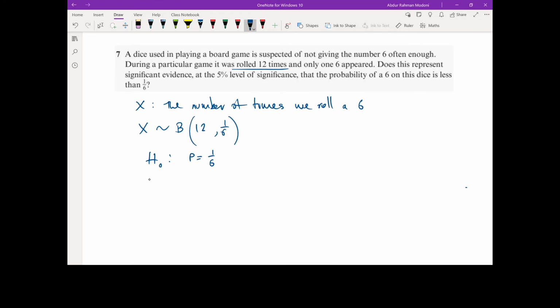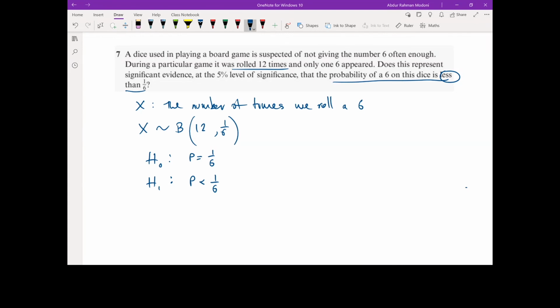What is the alternative hypothesis? It's what is being suggested by the question. The question wants us to test whether the probability of getting a 6 on the dice is less than 1/6. So the probability being less than 1/6 is our alternative hypothesis in this case.